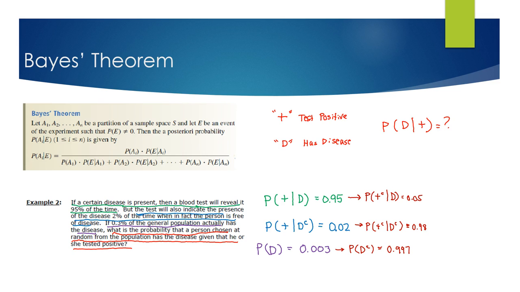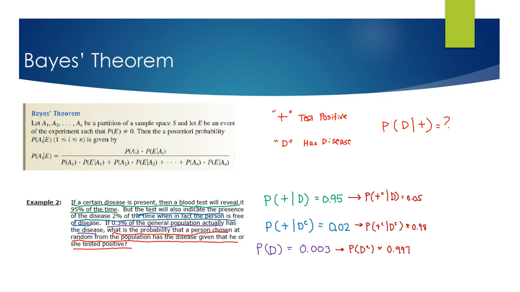That stands to reason. The probability of me testing positive, given I don't have the disease, is 0.02, which means the probability of me not testing positive, if I don't have the disease, is 0.98. And then, since the probability of me having the disease is 0.003, the probability of me not having the disease is 0.997.